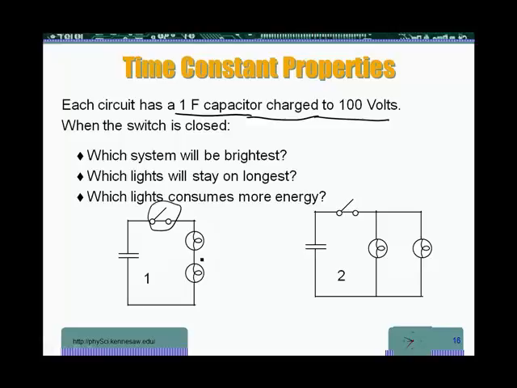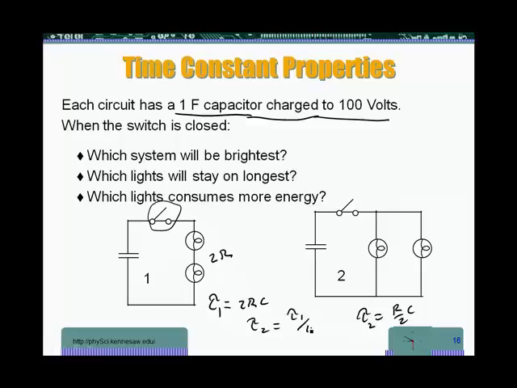Now, if each light bulb has a resistance R, the overall resistance of this circuit is twice R. So the time constant for this circuit is twice R times C. For this one here, two resistors in parallel, if they are the same resistor, their equivalent resistance is half of R. So the time constant for this circuit is R over 2 times C. So if I call this time constant 2 and this is time constant 1, time constant 2 is 1/4 of time constant 1.